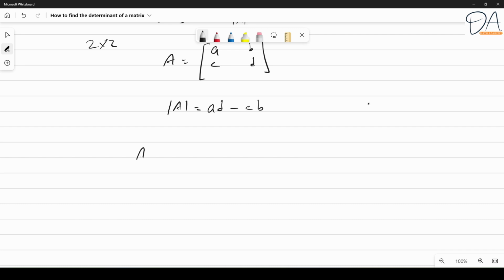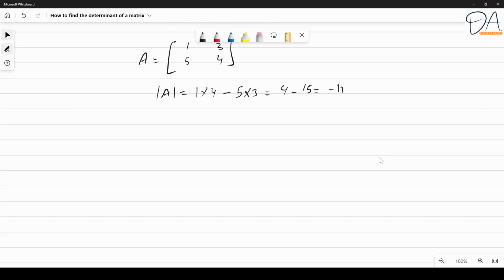Example, say you have the matrix 1, 3, 5, 4. The determinant is you multiply the elements in the main diagonal, so 1 times 4, minus the other two elements, that is 5 times 3. So this gives us 4 minus 15, or -11. So this is how we do it for 2 by 2.